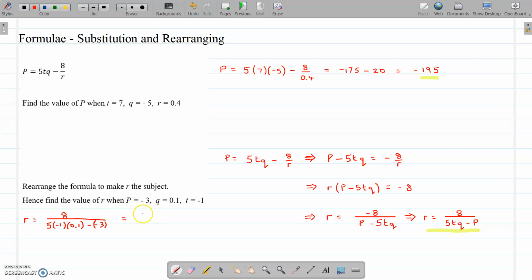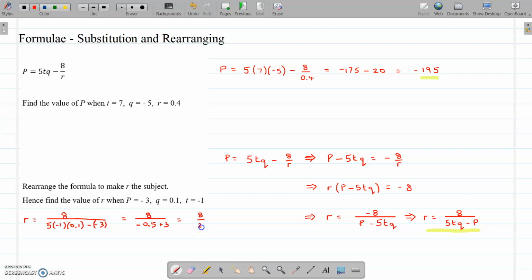Well, I'll leave my 8 on the top, and on the denominator I've now got 5 times -1 times 0.1, that's -5 times 0.1, which is -0.5, and then it's take away -3, which is +3, and that gives me 2.5 on the bottom.